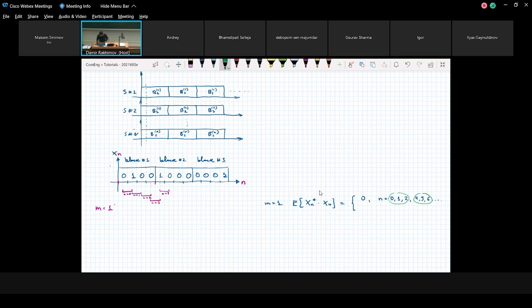And you can even write it as 0, 1, 2, and then we can write plus k. We just introduce an index, and you understand for which absolute indices you will get this autocorrelation.